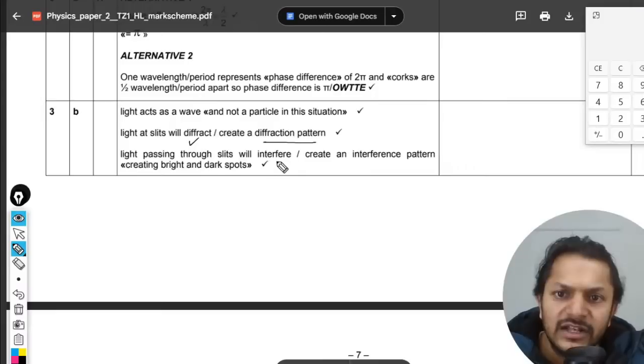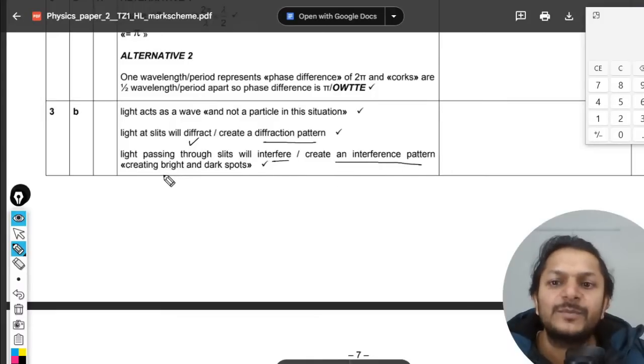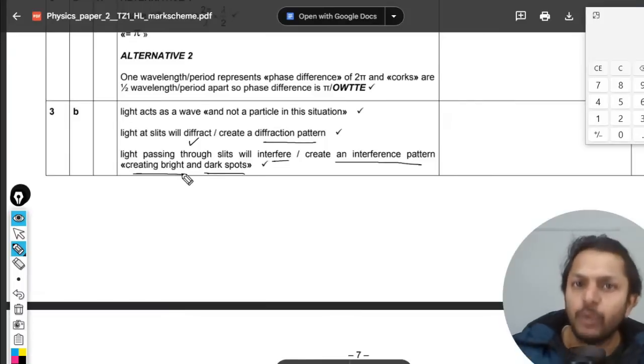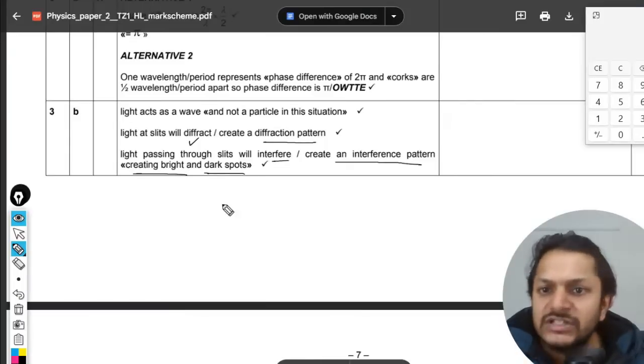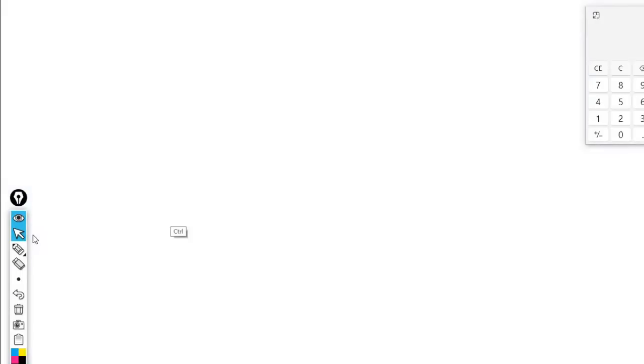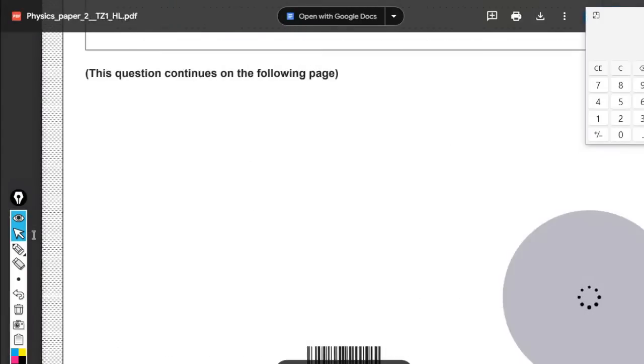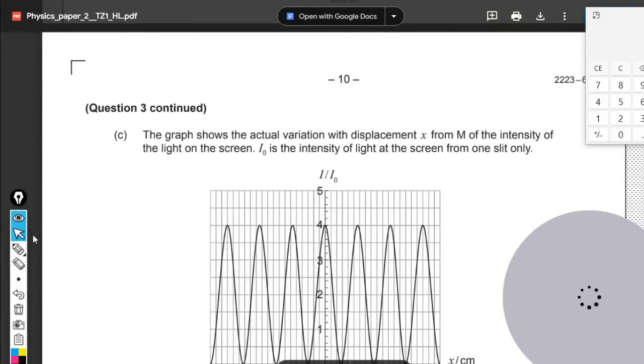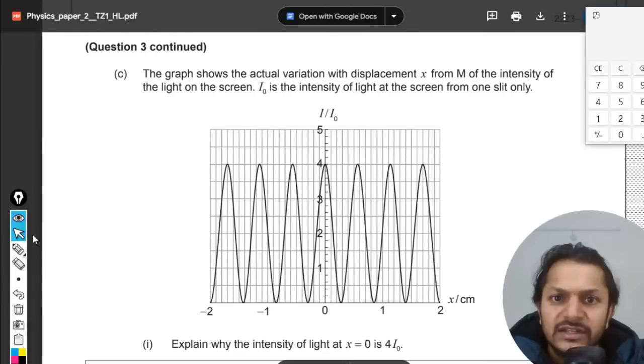Light passing through the slits will interfere and create an interference pattern, creating bright and dark spots. So this is what we have to write. Okay, so moving to the C part now.